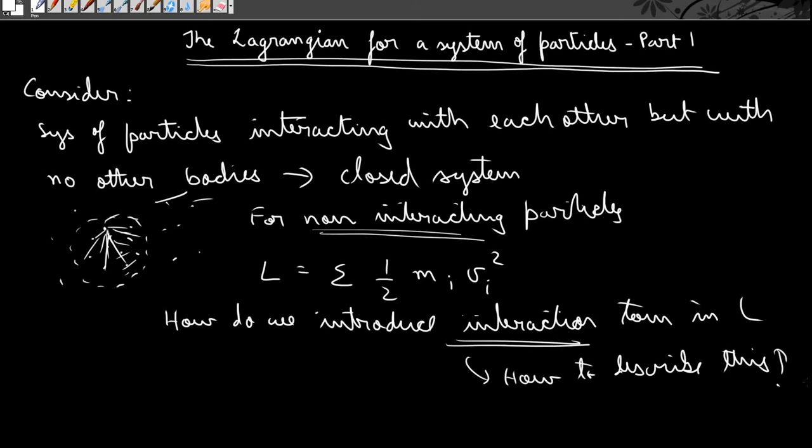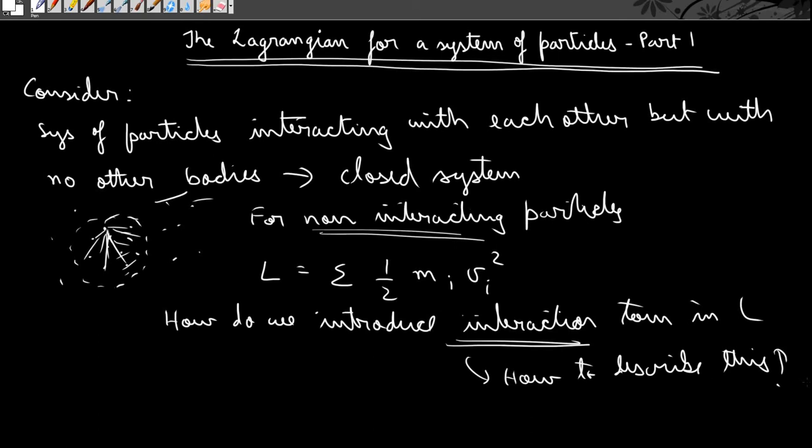So we know that when you have no external influence on the system, the particles which constitute the system are going to interact with each other via either, let's say, the Coulombic interaction or gravitational interaction and so on. And all of these types of interactions are non-contact interactions, or they come under something known as action at a distance forces.